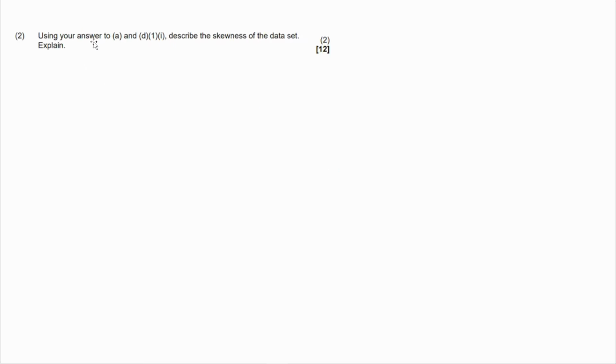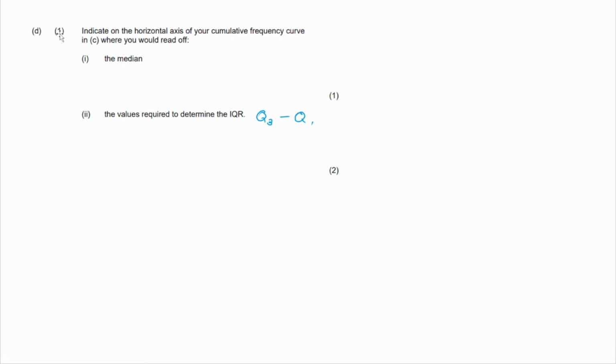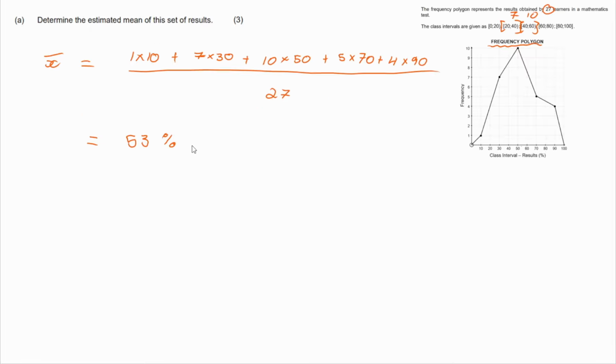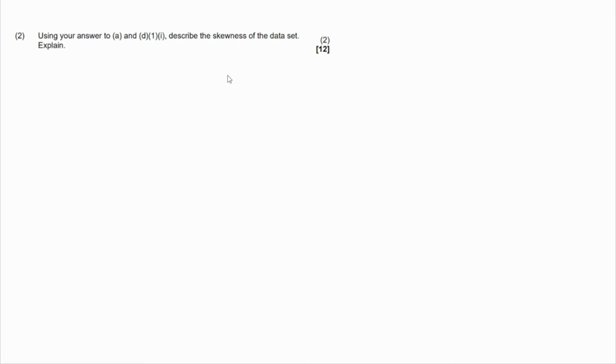Now they say using your answer to A and D1I. So here's D1I, median, and our answer for A was 53. They say describe the skewness of the data set. Remember the skewness of the data set has all got to do with the mean and the median, and what side the mean is of the median.